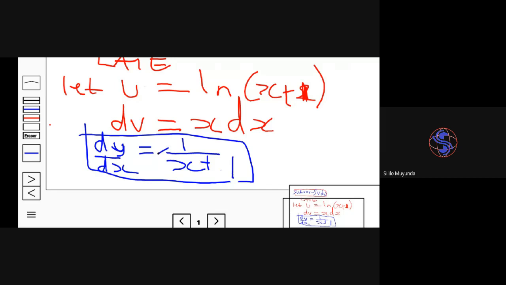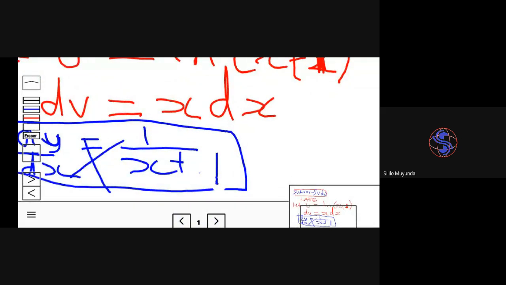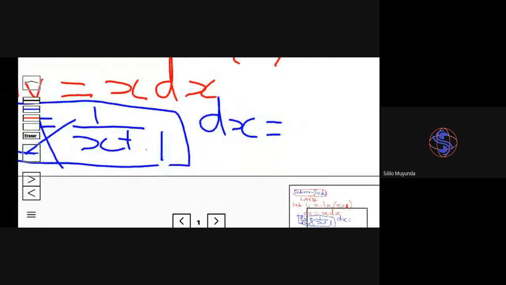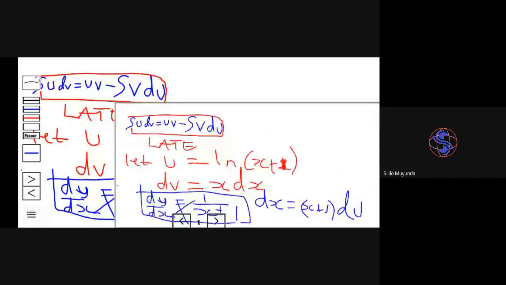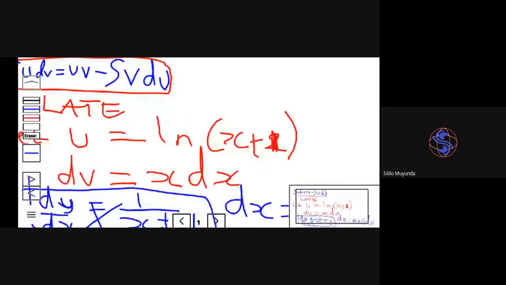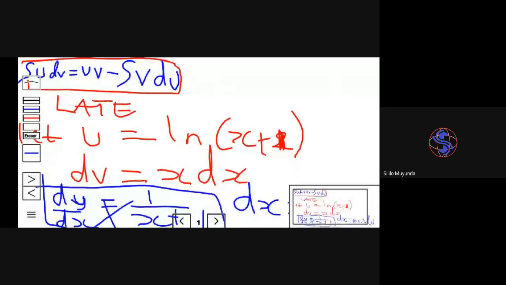So you have to cross multiply, and you are going to have dx is equal to... No, no, no. We are supposed to make du the subject of the formula. dx is not in our formula.